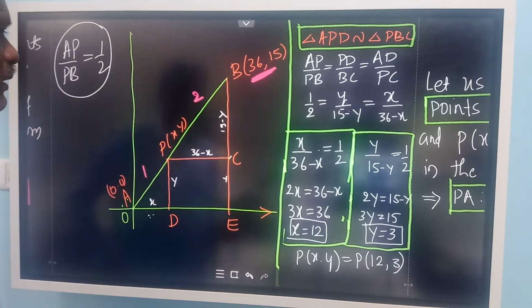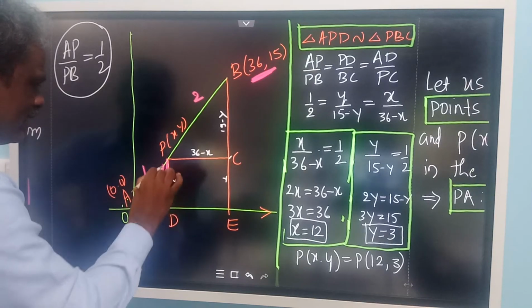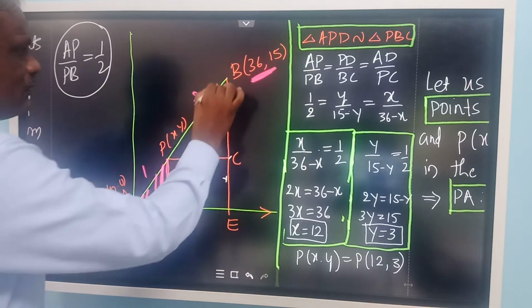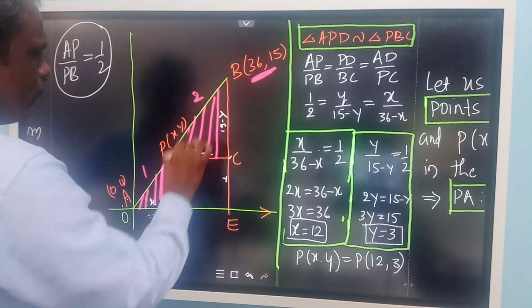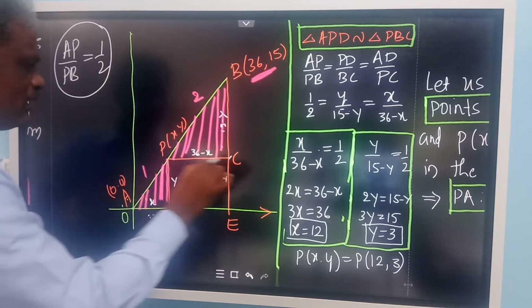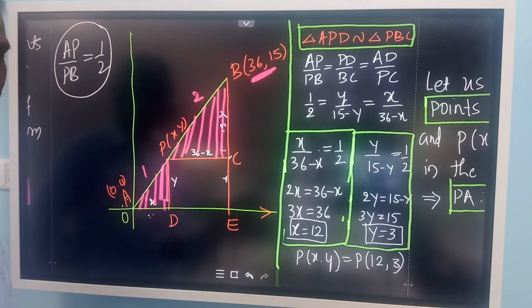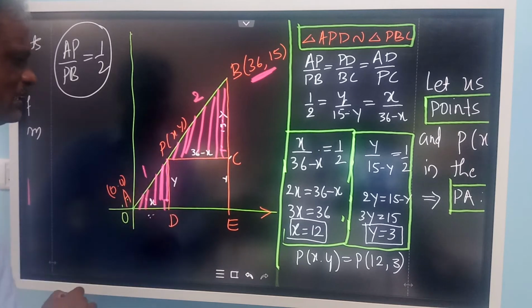For that, look at this. Here we have two right angle triangles, this triangle and this triangle. Both are similar. I will tell you why. This is the line drawn parallel to the x-axis. This will be 90 degrees and this will be 90 degrees. So one angle is equal.